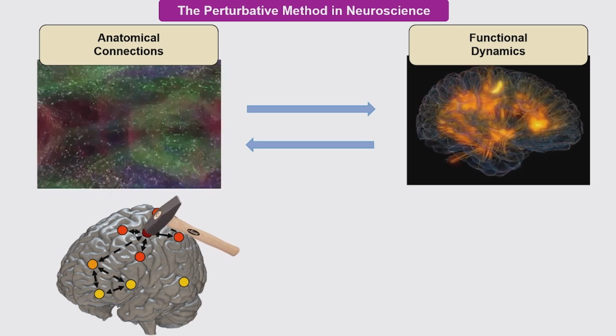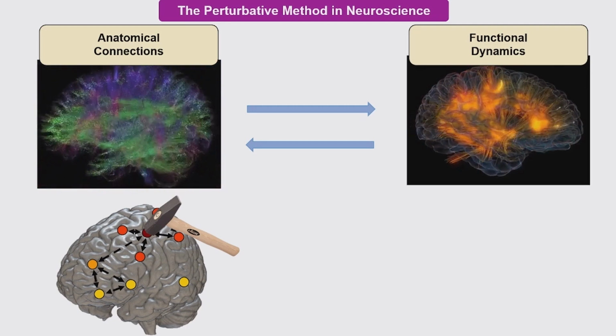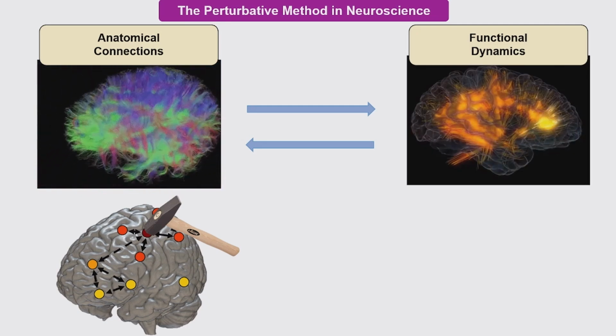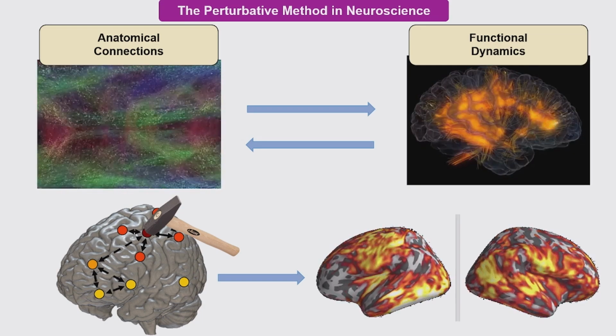So we have the connectivity, we have our brain, we perturb it non-invasively, I'm going to show you that in a second, and then we study the functional dynamics that originate from there.